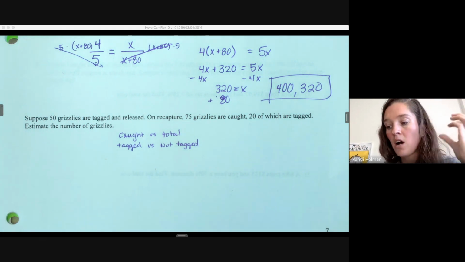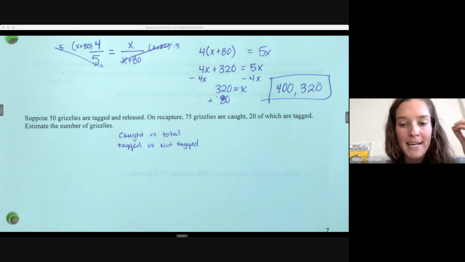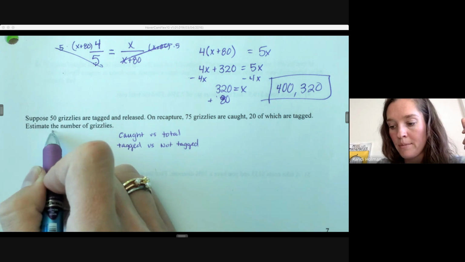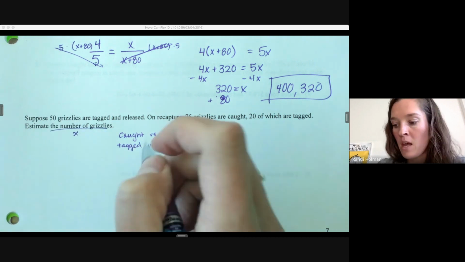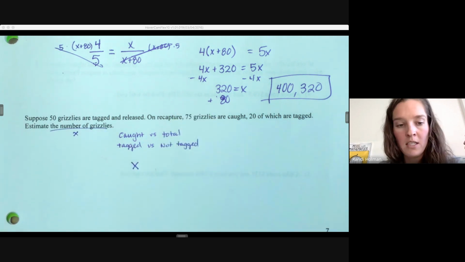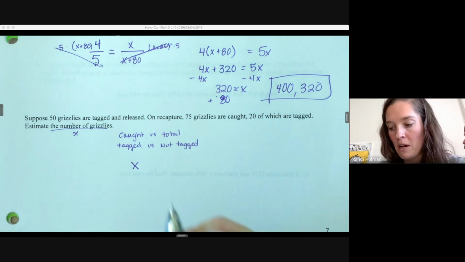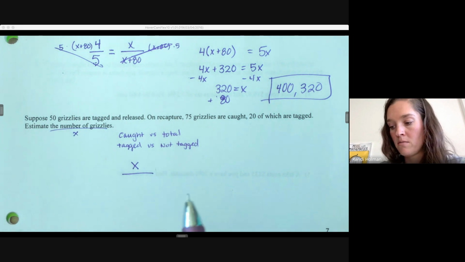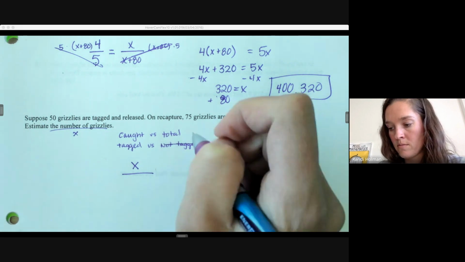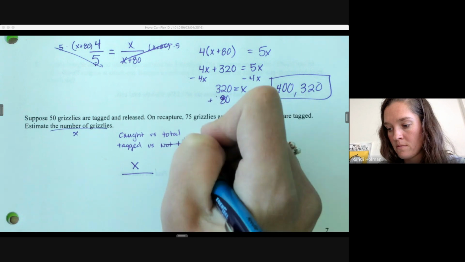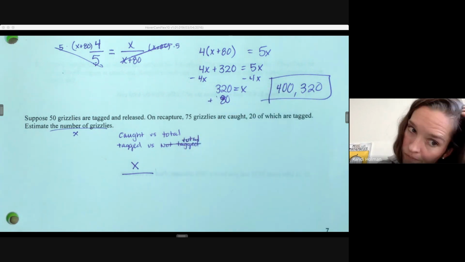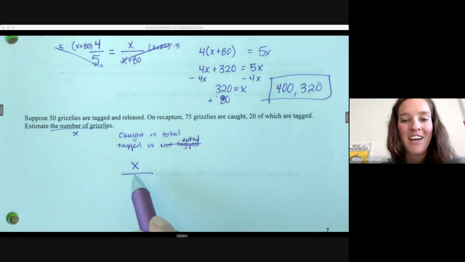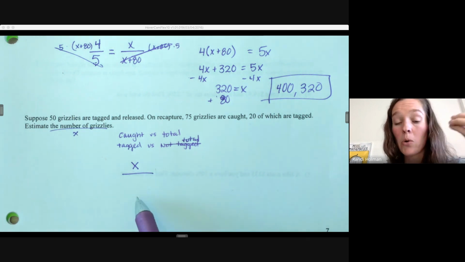So in the caught group, I'm gonna put my tagged grizzlies on, nope. I'm trying to find the total number of grizzlies, so I'm gonna make that my variable. Total grizzlies, always put it in the numerator if you have an option, has to compare to the total grizzlies tagged.